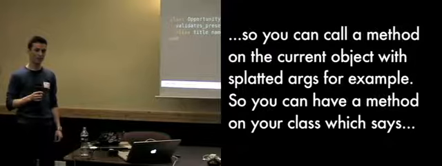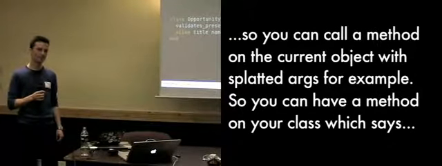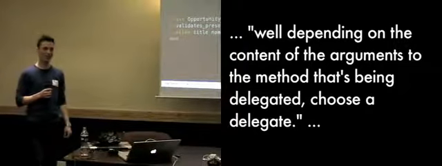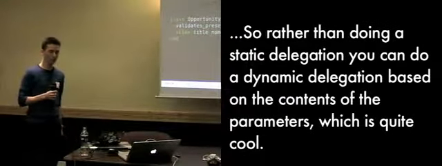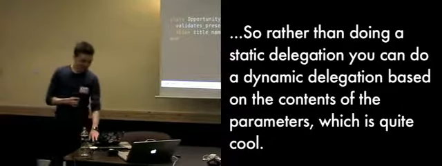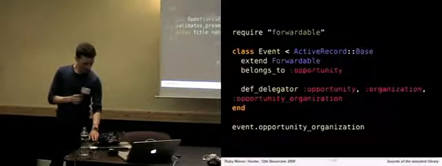So you can call a method on the current object with splatted args, for example. So you can have a method on your class which says, well, depending on the content of the arguments to the method that's being delegated, choose a delegate. So rather than just doing a static delegation, you can do a dynamic delegation based on the contents of the parameters, which is quite cool.